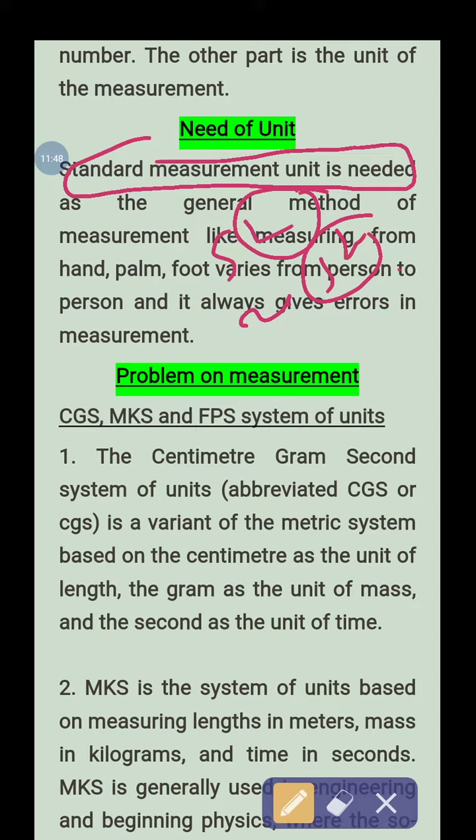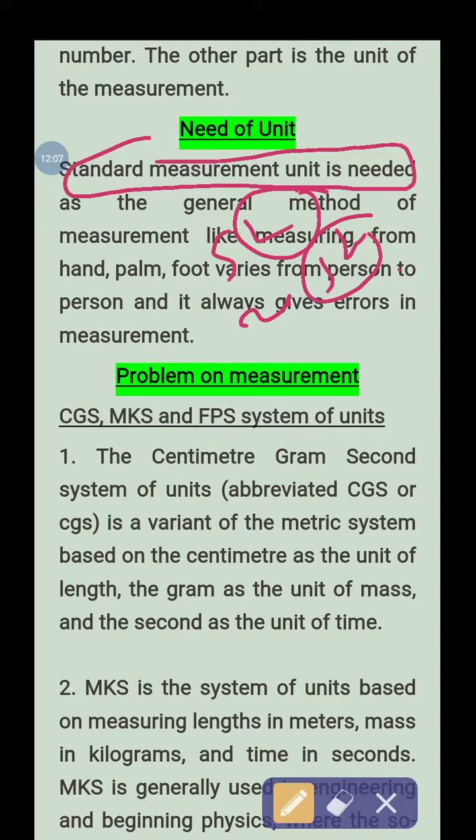These are not authentic, because they can vary. If you use your own step and then your little younger brother's step, who is approximately 5 to 6 years old, there are many differences.